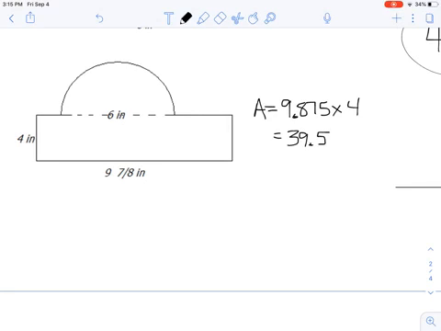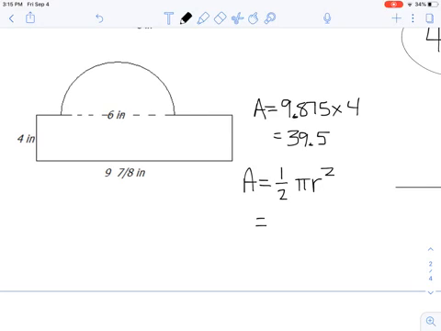And for the semicircle, we would use our area formula for a circle, but it's half of the circle, so we could just put a 1/2 in the front of it and handle all the calculations that way.